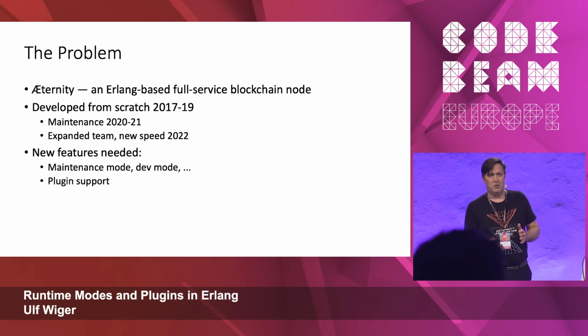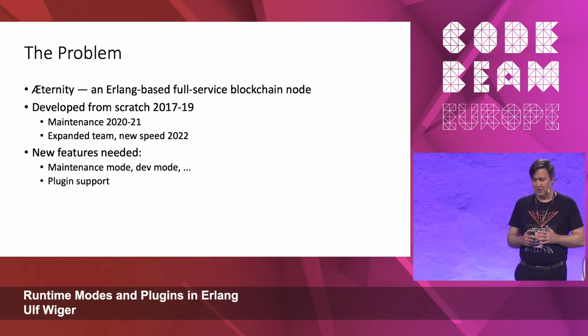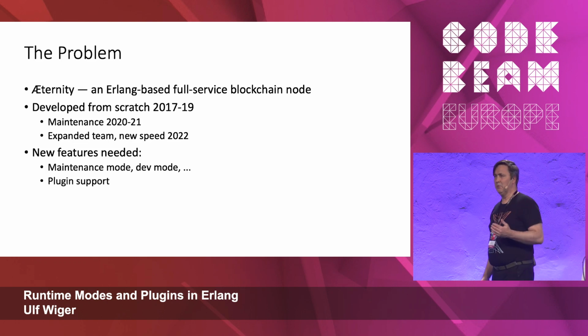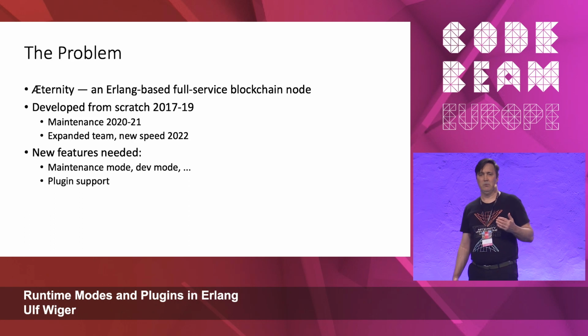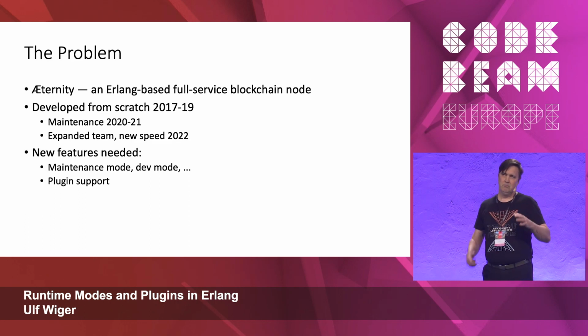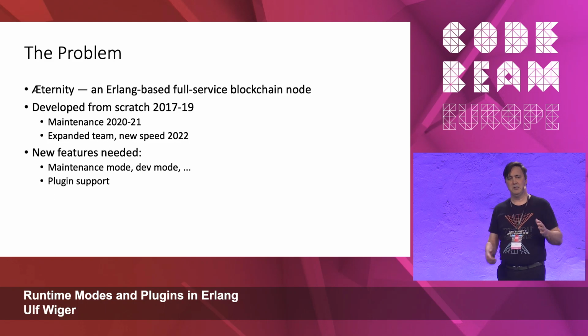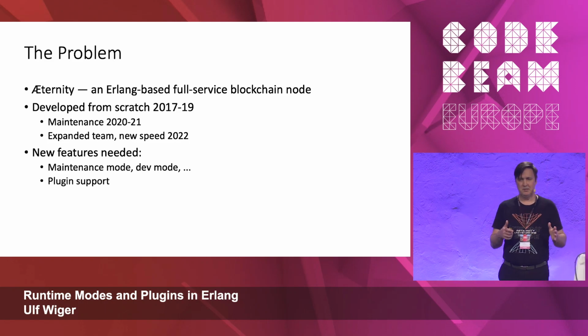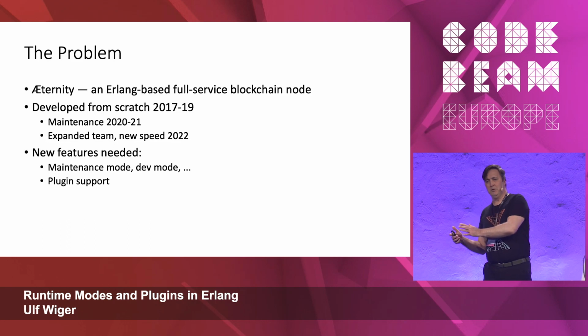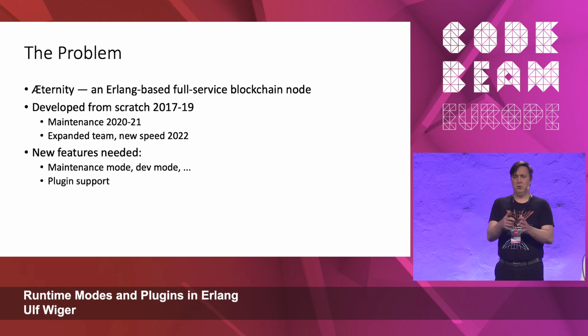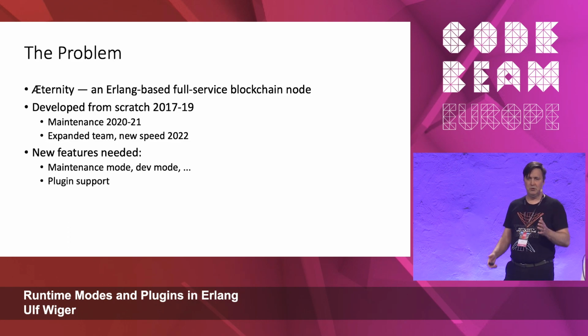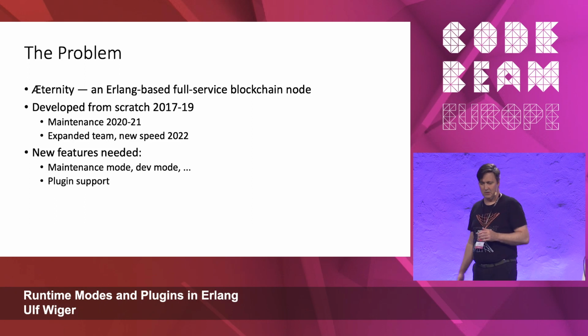Among the features we wanted to implement, we needed to start supporting runtime modes. One thing we wanted was to be able to support chain rollback during certain attack scenarios. Also during testing, you may want to roll back the chain to a certain point and then perhaps rejoin the network if you're stuck on the wrong fork.